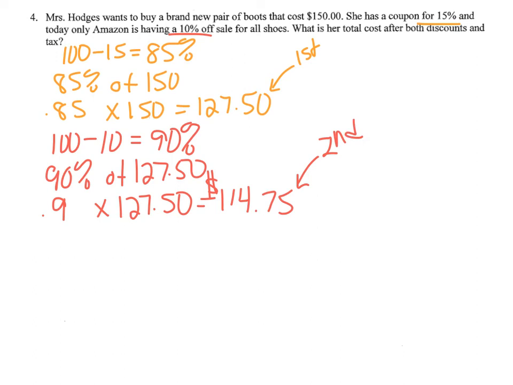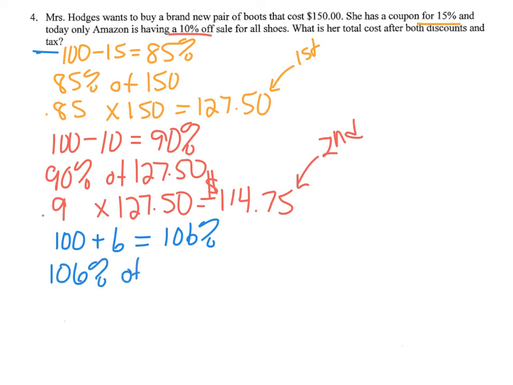Okay, now it says what is her cost after both discounts and tax? Okay, well, if tax is 6%, then that means she's going to have to pay 100% of the price plus 6%, which is a total of 106%. So we're going to have to find 106% of the price, $114.75.